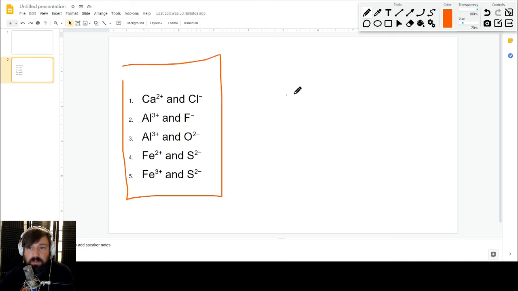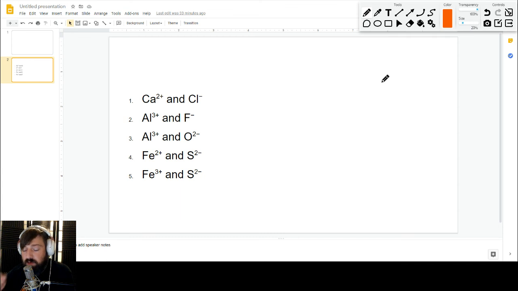What I am going to do is give you guys a worksheet to do. It's going to be pretty simple. The worksheet is basically just going to have a bunch of compounds. Then you tell me if they are ionic or covalent. Remember, ionic compounds, just like these that we've been working with, are a metal and a non-metal.